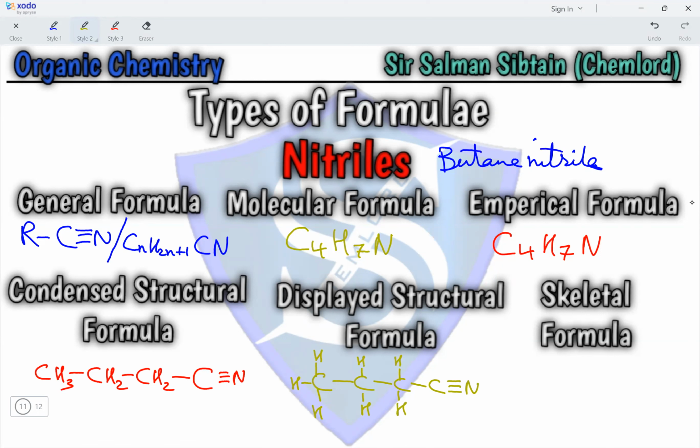And finally, we would have the skeletal formula, which would be like this, with the first carbon atom triple bonded to a nitrogen atom. Or we could also have the structure drawn this way with C triple bond N made at the end, showing that it is a nitrile.